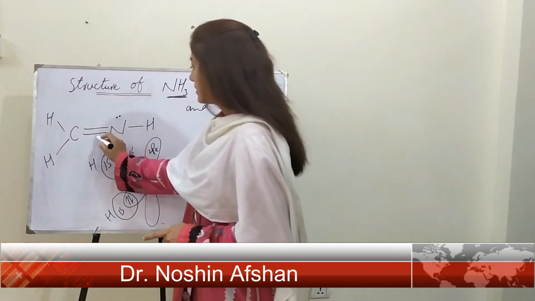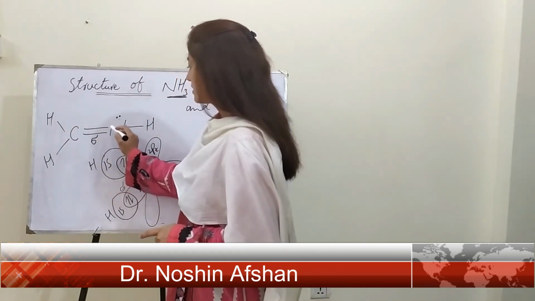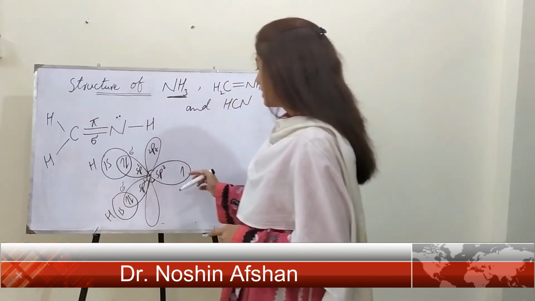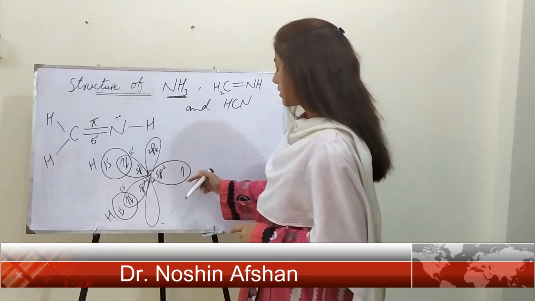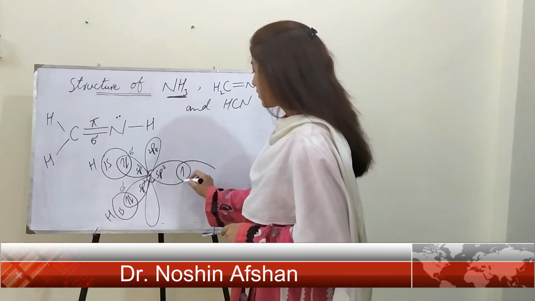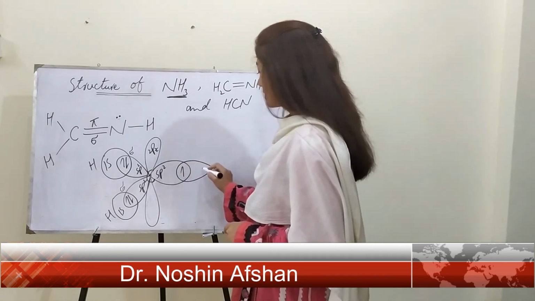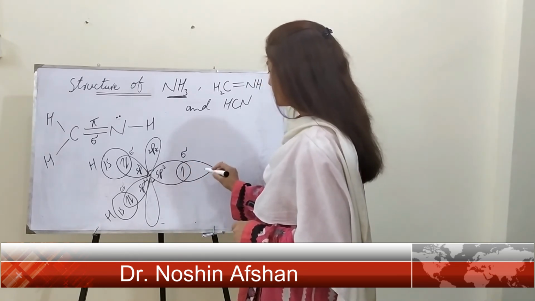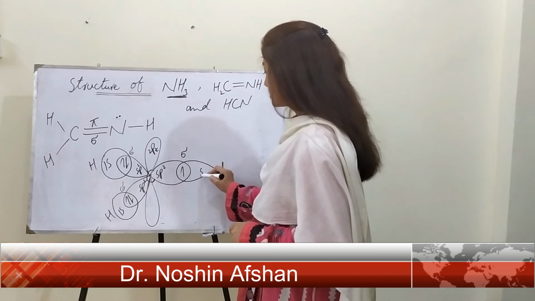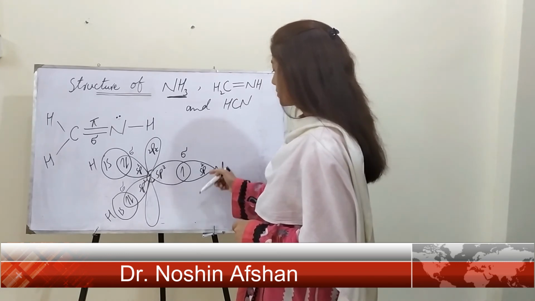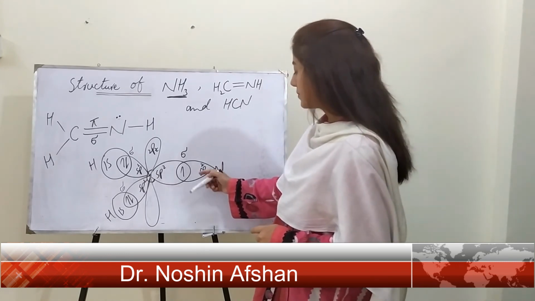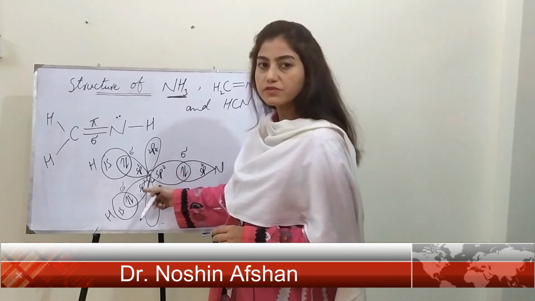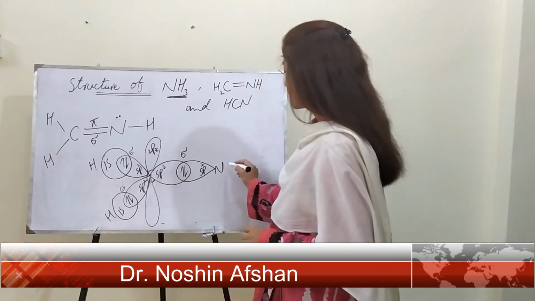So now there is 1 sigma bond with the nitrogen and 1 pi bond with the nitrogen. So this sp2 hybrid orbital would form a sigma bond with the nitrogen, and the nitrogen would also have 1 sp2 hybrid orbital, and that would overlap with this sp2 hybrid orbital of the carbon to form the sigma bond.